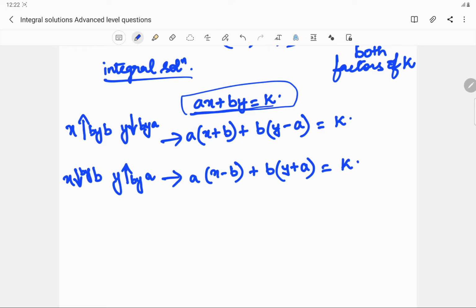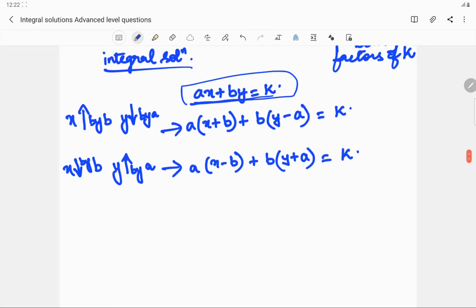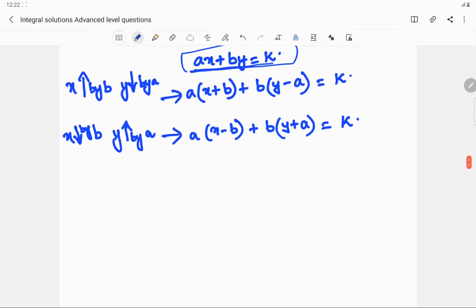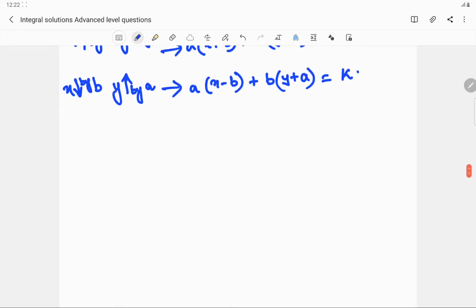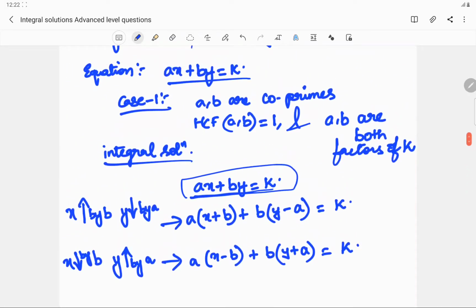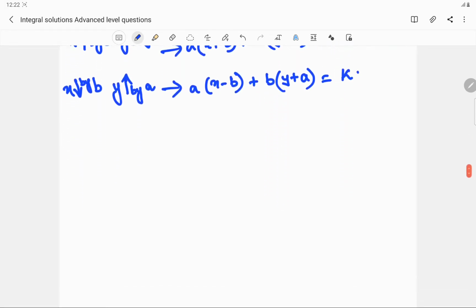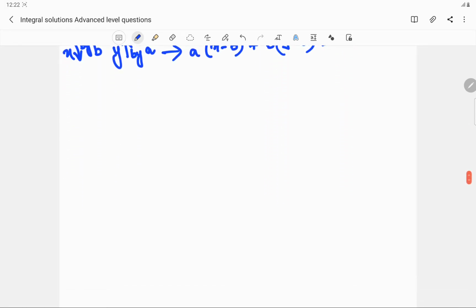Why these observations are needed we will come to know when we take an equation and solve the question. So this is the first type of equation, in which, in the first case, a, b are co-primes, that means HCF of a, b is 1, and a, b are both factors of k. So now let us start solving the question.